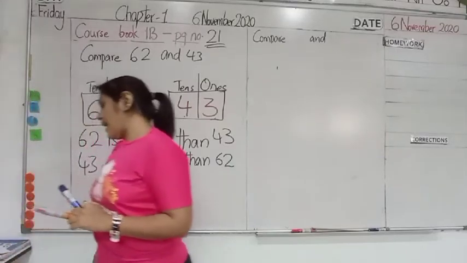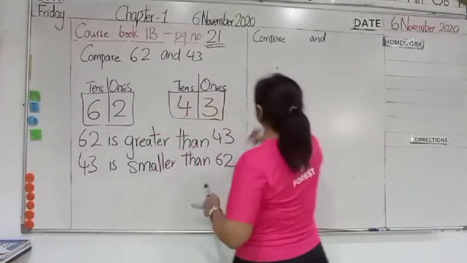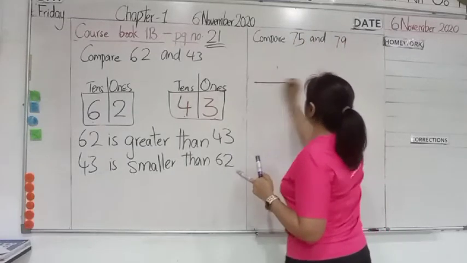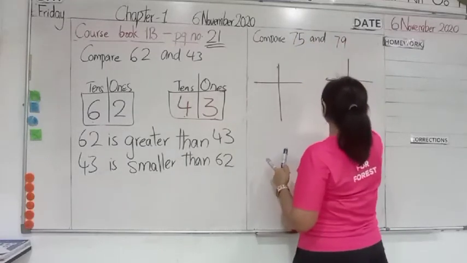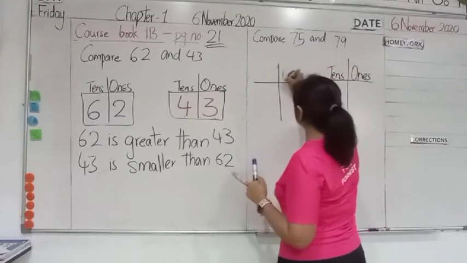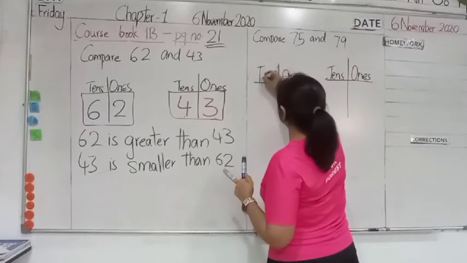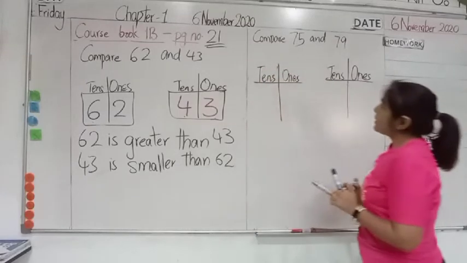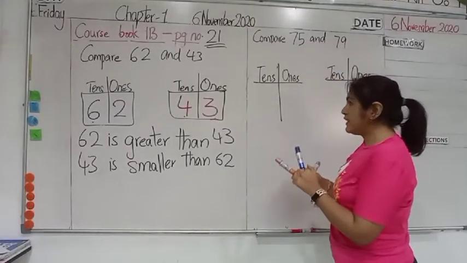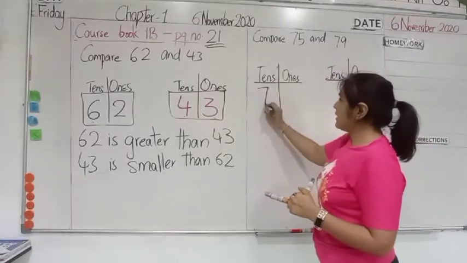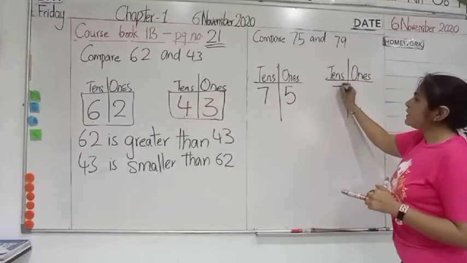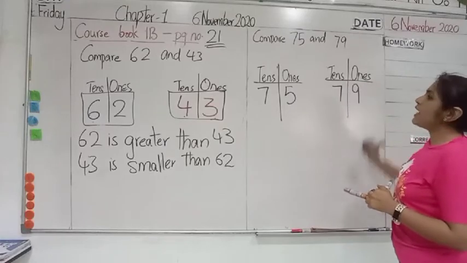Bala and Callie want to compare 75 and 79. 75 and 79. So tens and ones table. Okay, now in tens place, in 75, 70, 7 tens, 5 units. 79, 7 tens, 9 units.